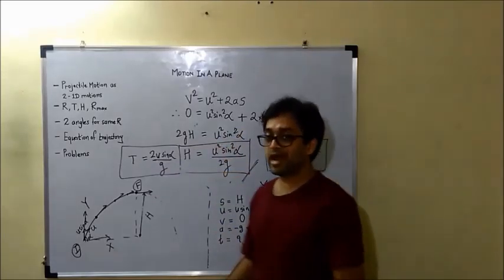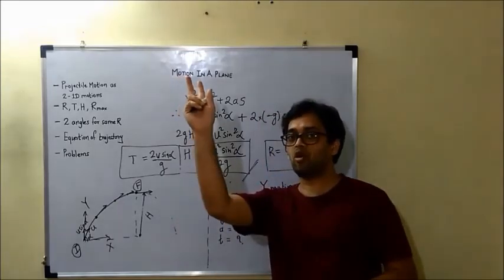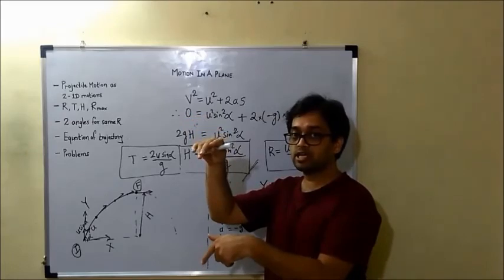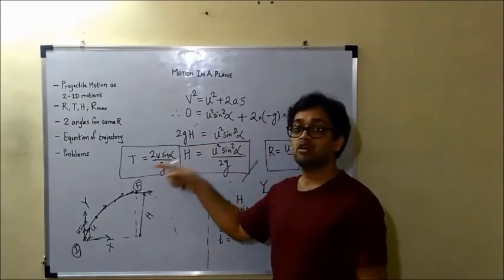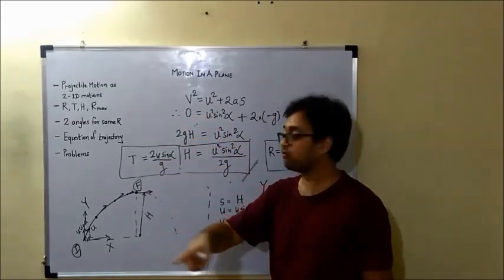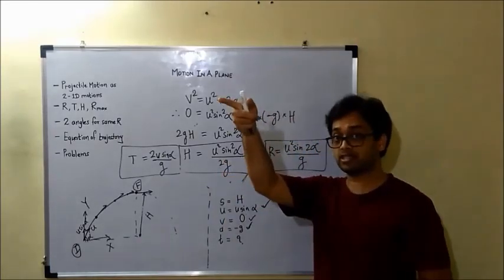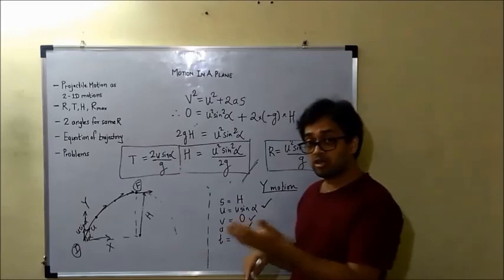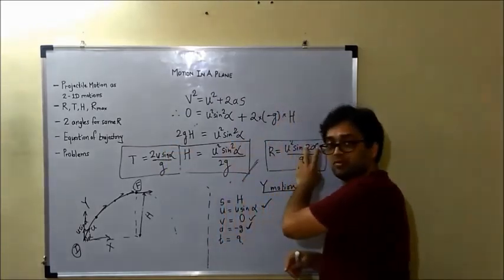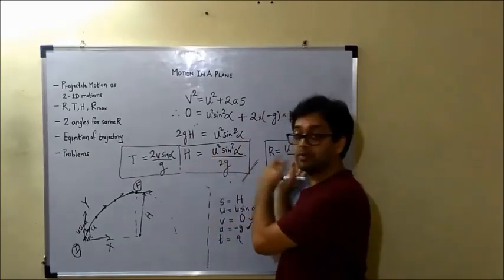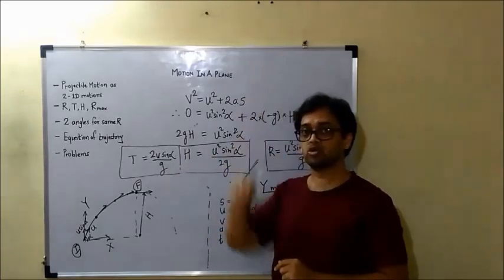So if somebody stands in here and throws a ball, then just by knowing the initial velocity and the angle at which it is thrown, you can tell him in how much time it will fall back on the floor, how far it will reach, and how high it will rise. Another interesting thing that I already told you is, anywhere you put the value of alpha as 90 degree, it will give you all these parameters necessary for vertical motion also.